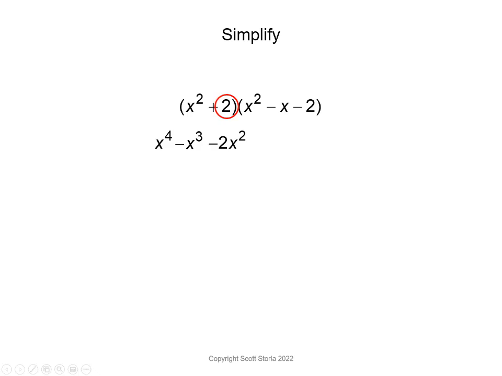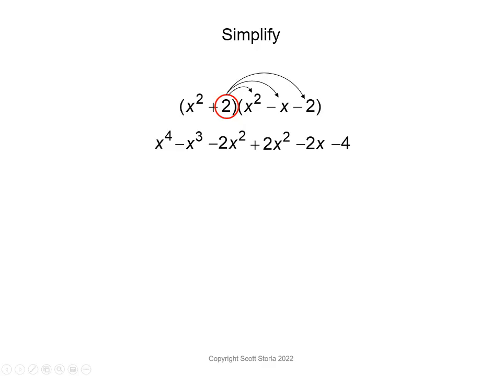I'd then move to the next term in the first factor. I'd multiply 2 to x squared to get plus 2x squared. I'd multiply the 2 to subtract x to get subtract 2x. And then I'd multiply the 2 to the subtract 2, and I'd be subtracting 4.